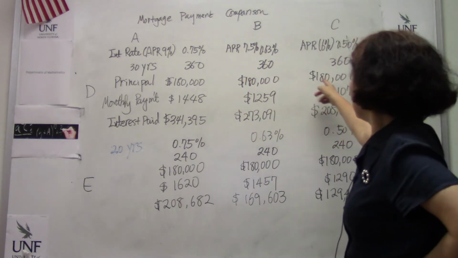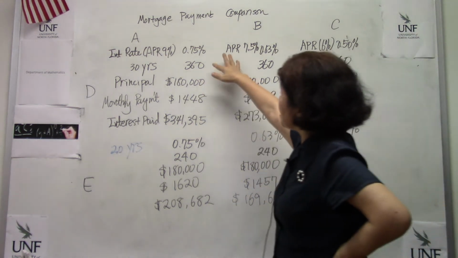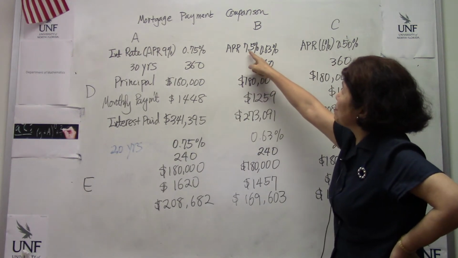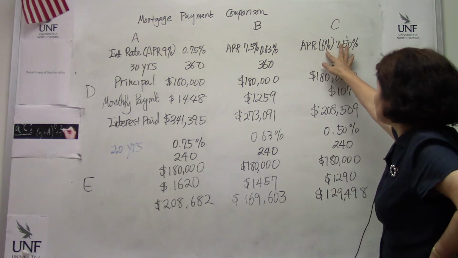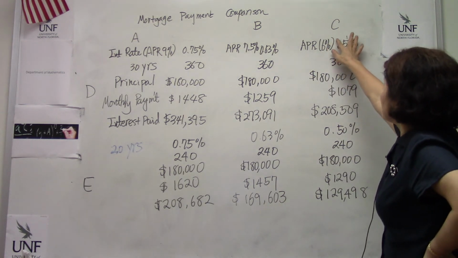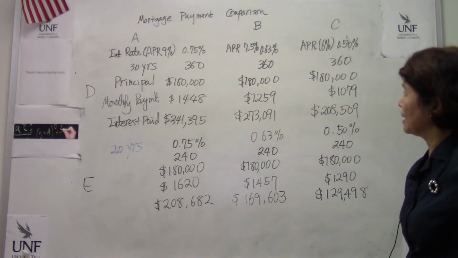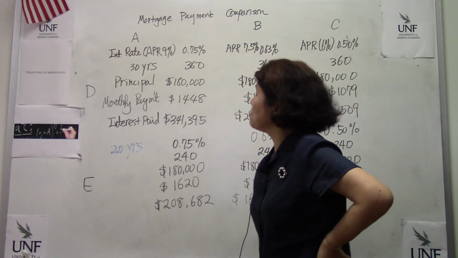Everywhere you borrowed $180,000 under different conditions. So here is APR 9%, here is APR 7.5%, here is APR 6%. So you make a payment, the interest rate per month is 0.5%, like that. In this case, how do you find the monthly payment?